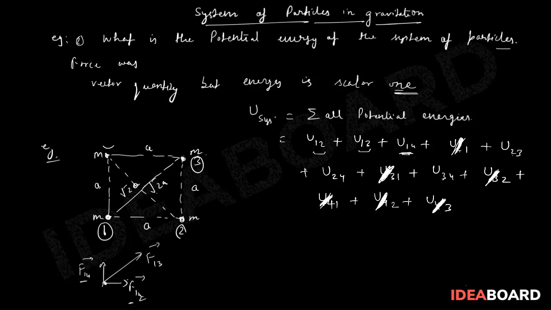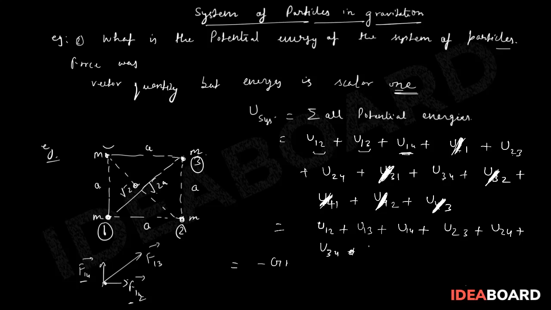So now you are only left with U12 plus U13 plus U14 plus U23 plus U24 plus U34, plus nothing. So this is the total which we are left with.